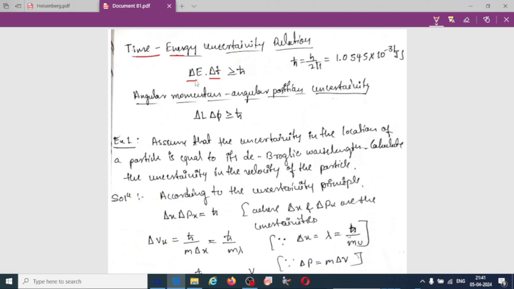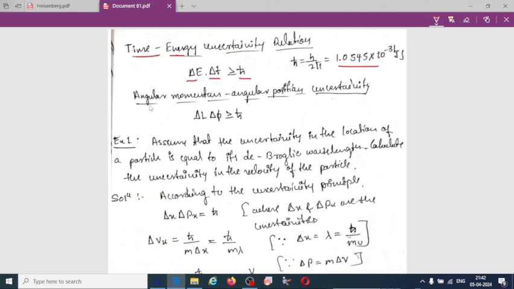So uncertainty in energy delta E times uncertainty in time delta t is greater than or equal to h cross. H cross is what? H divided by 2 pi. That means the value is 1.054 into 10 to the power minus 34 joule second. So h is equal to what? 6.625 into 10 to the power minus 34 joule second.